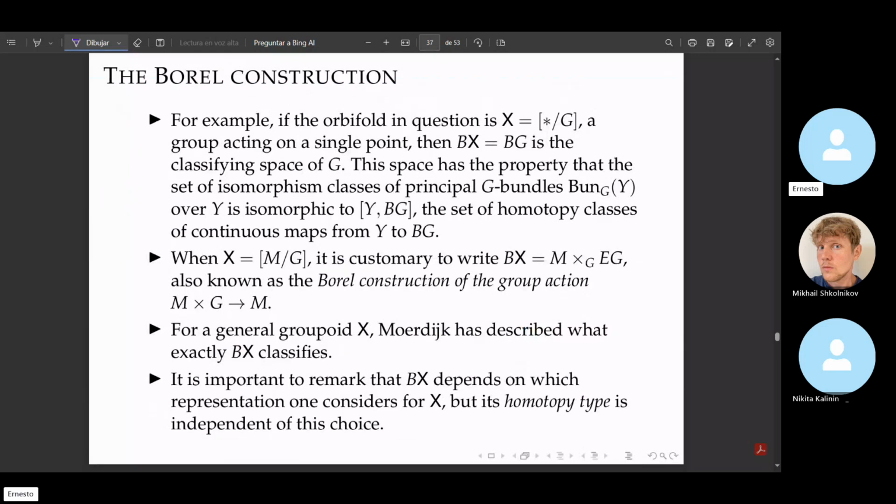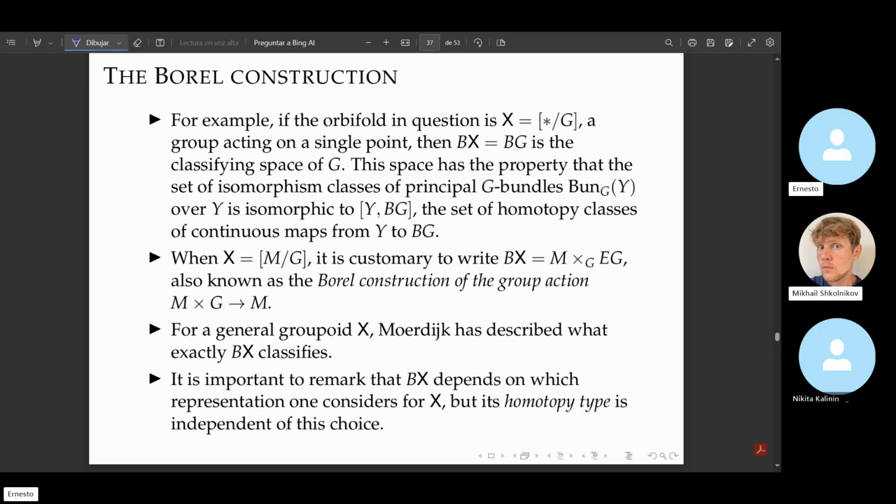Now, the thing is, and this is exactly related to the remark that Misha was making before. Misha was telling us that if categories are equivalent, their classifying spaces are homotopy equivalent, which is true, as in Segal's paper.